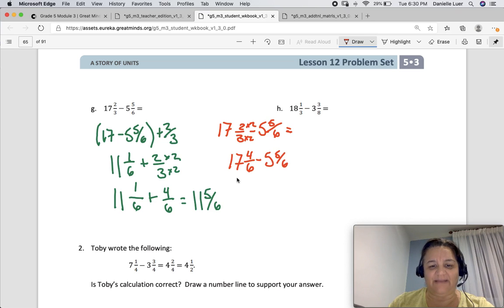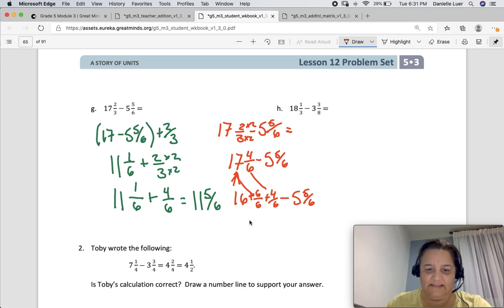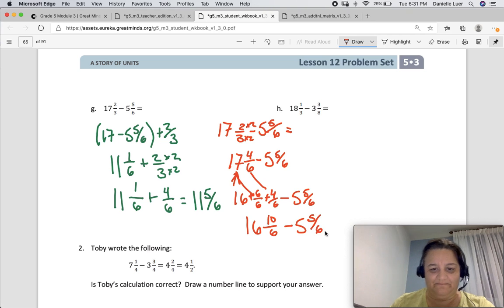Okay, so I have to take one from here. So 16 and 6/6 plus 4/6, that's this and this and that, minus 5 and 5/6. Okay, so now I have 16 and 10/6 minus 5 and 5/6.